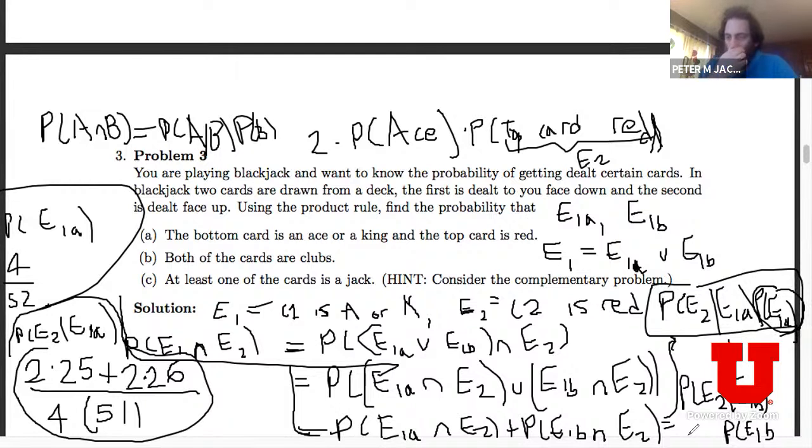So the moral of the story on this problem is we had this event E1, which is that card 1 is an ace or a king, and we split it up into 2 events, which made it simpler to compute these conditional probabilities. You could also try computing the probability of E2 given E1 times the probability of E1.